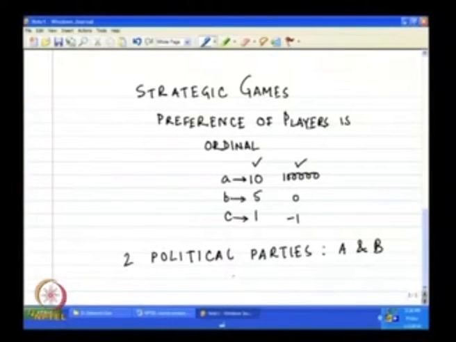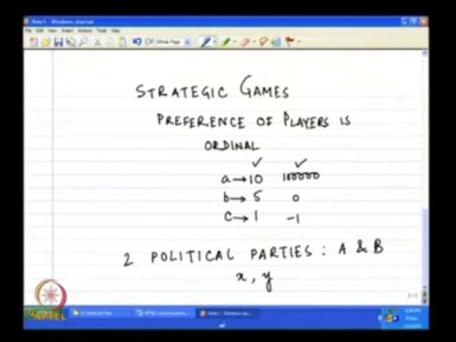So, here suppose capital A is deciding X, the amount of money that it is going to spend, and Y is the amount of money that B is going to spend if and when it is elected to the office. Now, you see the value of Y is going to affect the prospect of A's winning, and it is going to affect the prospect of winning of B also.